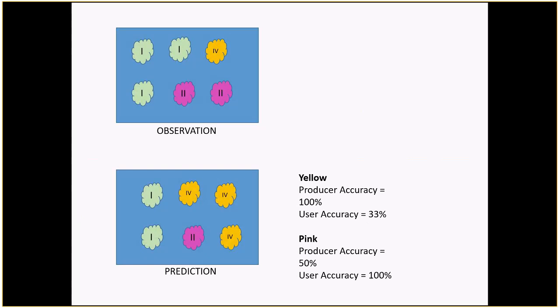If we translate this to wetland classification terms, imagine that the yellow clouds are class 4 wetlands. Well, high producer accuracy is good because it's going to correctly protect features that merit protection under the regulations.